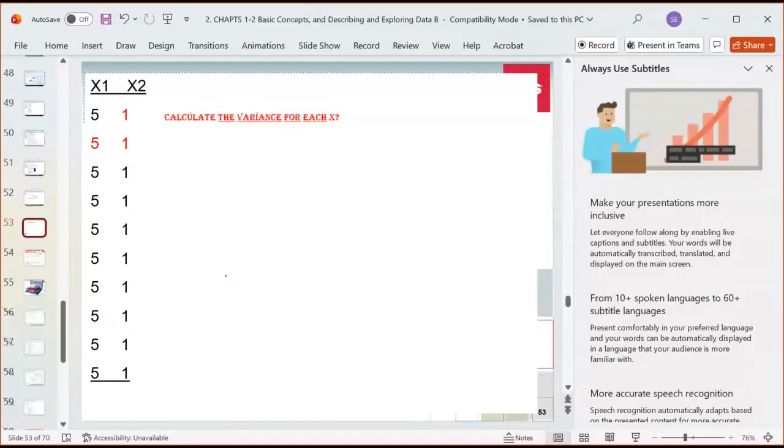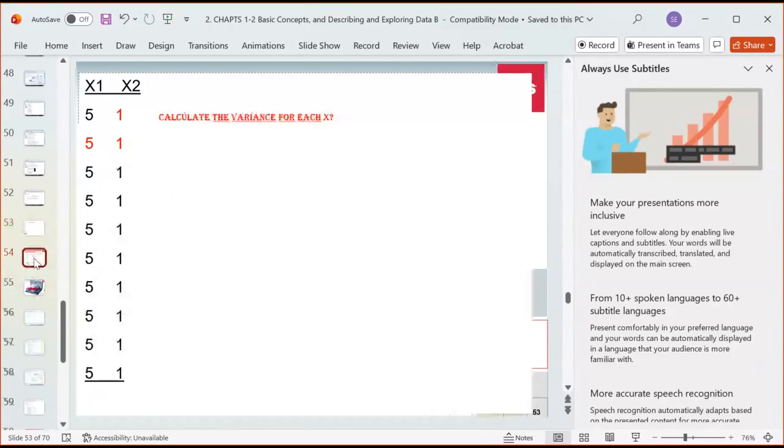Keep in mind, variance, just as the name suggests, is about variability. It's about changes in the score. But if you don't see any variability, any changes, they're all even, just the same number, the variance is 0. So don't waste your time doing the calculation. It's 0.